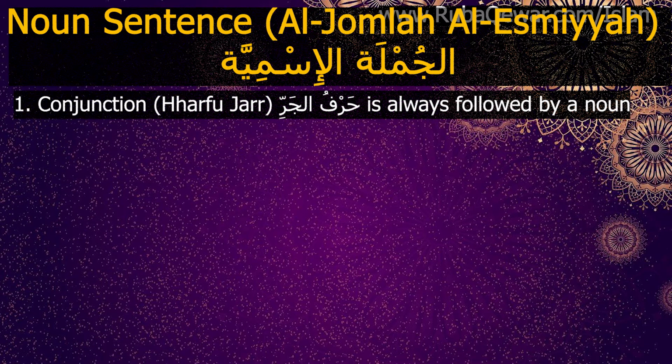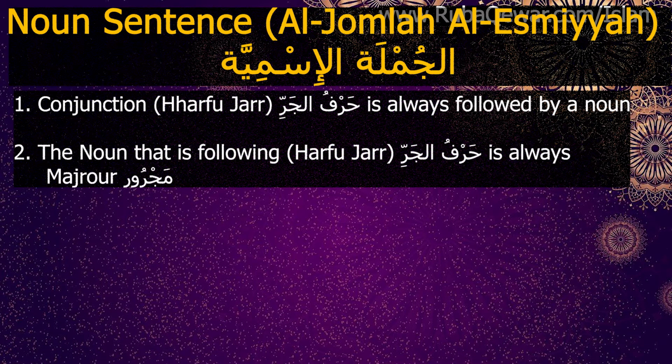All right, so that's one. Second, the noun that is following the conjunction is always مجرور.